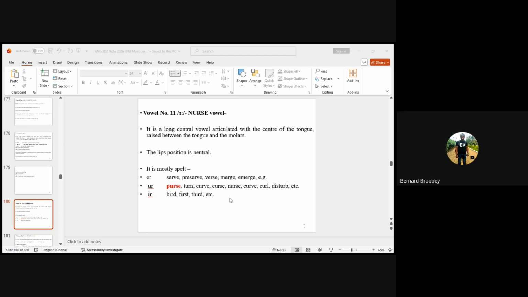Madam, with the example ER, if you look at the initial position, I think it sounds well as you have it there. Yeah, this one, ER, he has done result, verse.